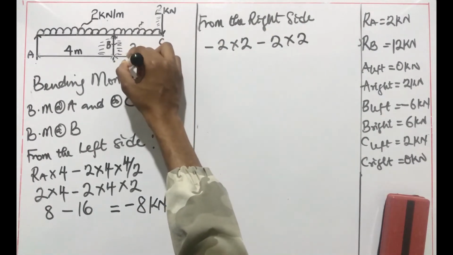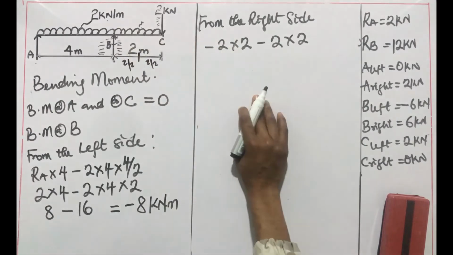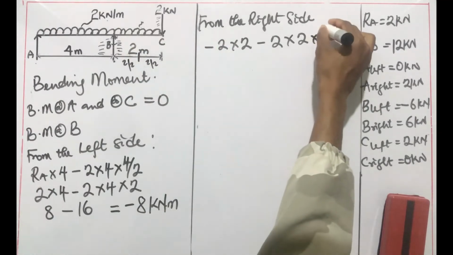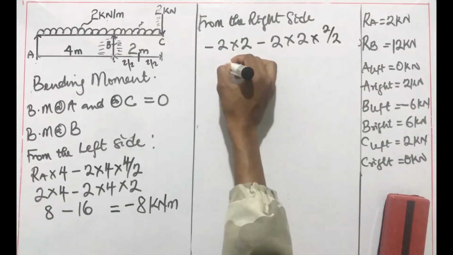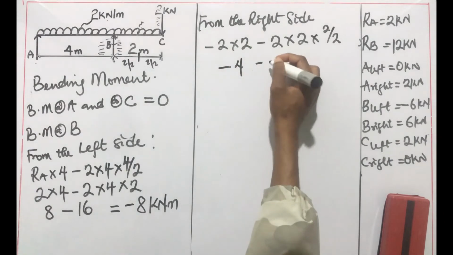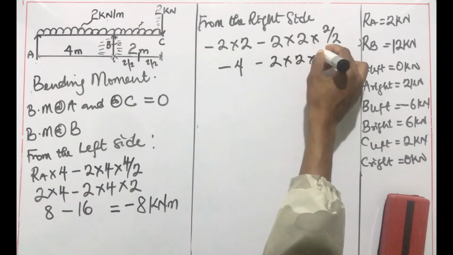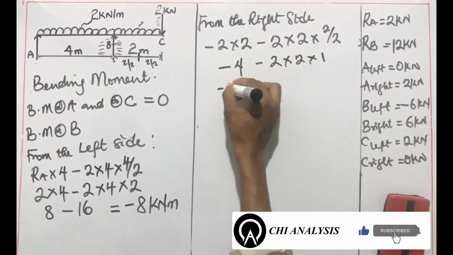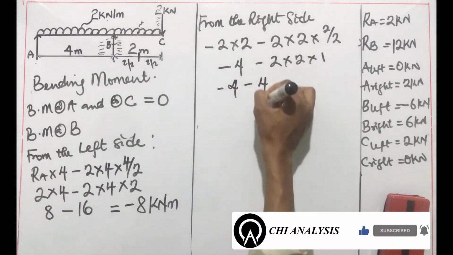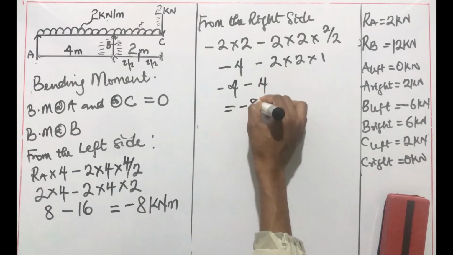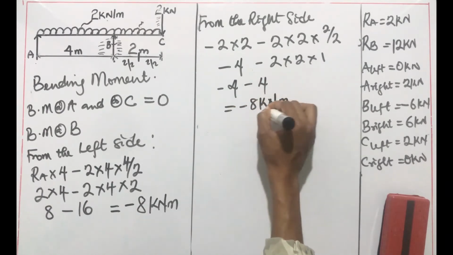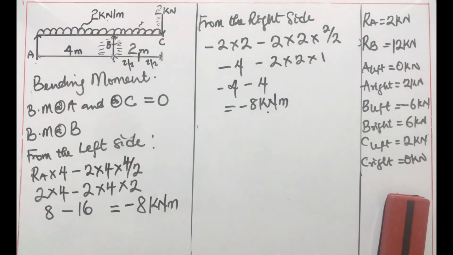The UDL also only acts at a span of 2 meters. That is why we're using 2 meters times the 2 meters divided by 2. Resolving this whole equation would arrive at the same answer, minus 8 kilonewton meter.